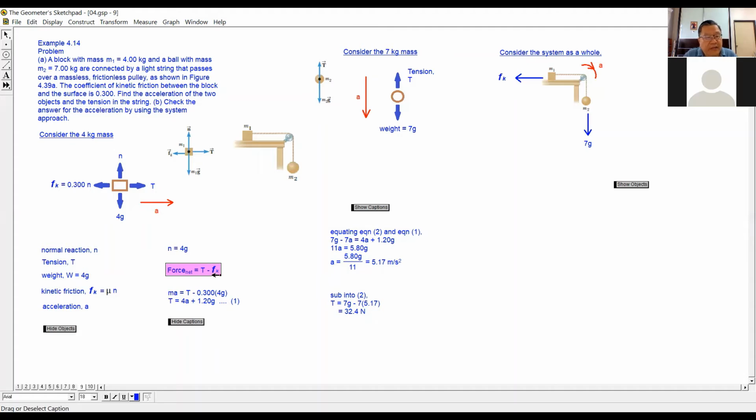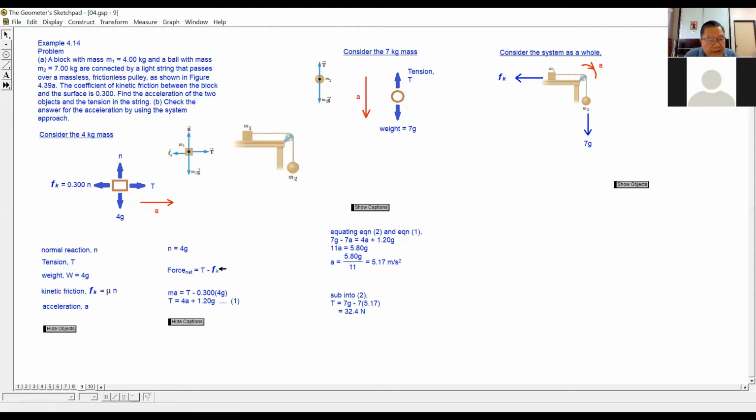So the net force is the tension minus the frictional force. So the net force equals T minus the kinetic friction. That's why it is denoted by a small k at the bottom. And according to Newton's second law, the net force is ma.